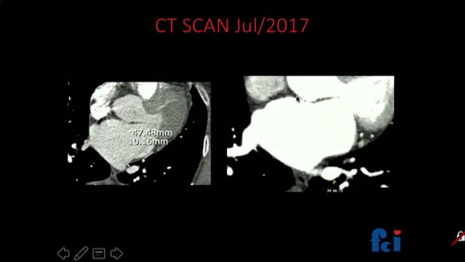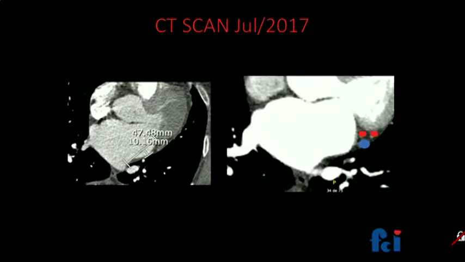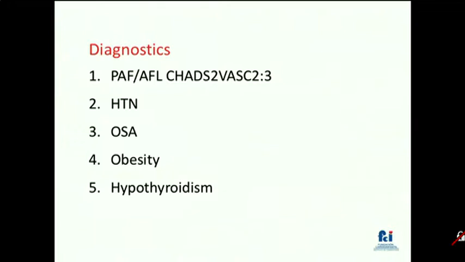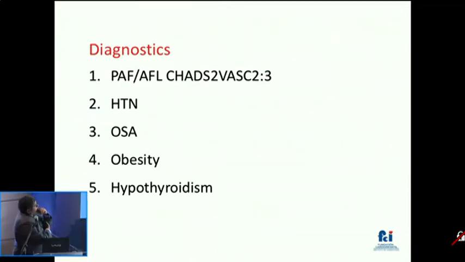These images of the present CT are to show the characteristics of the mitral isthmus of the patient. It is a long isthmus of approximately 47 millimeters, and on the right image, the CS ratio with the branches of the circumflex and the mitral isthmus. In summary, we have a patient with paroxysmal atrial fibrillation and atrial flutter, hypertension, sleep apnea, obesity, and hypothyroidism.